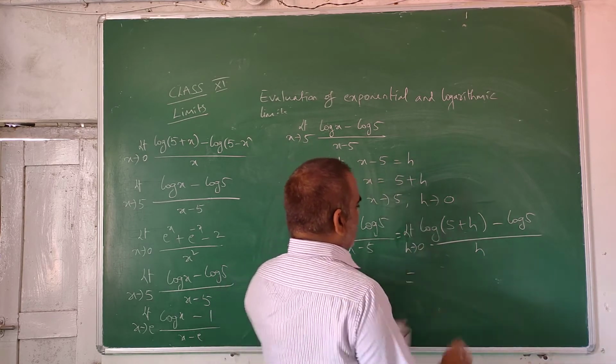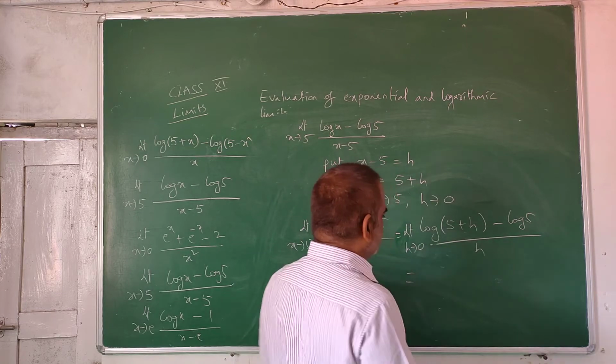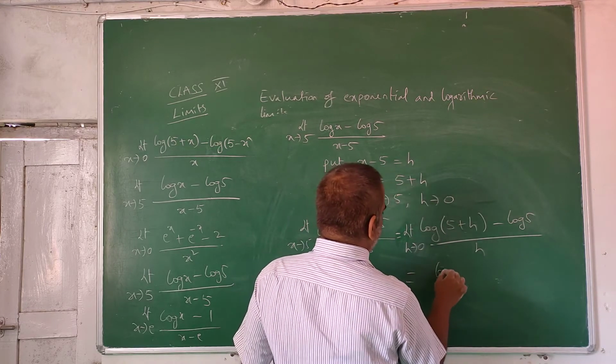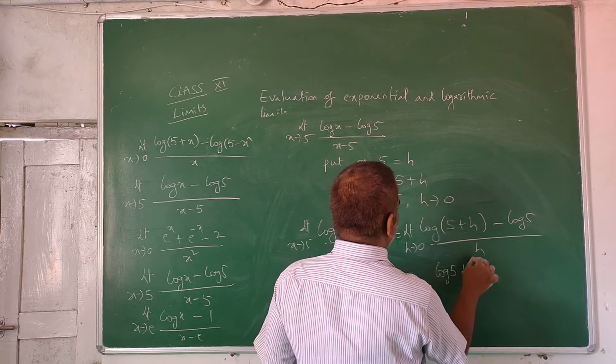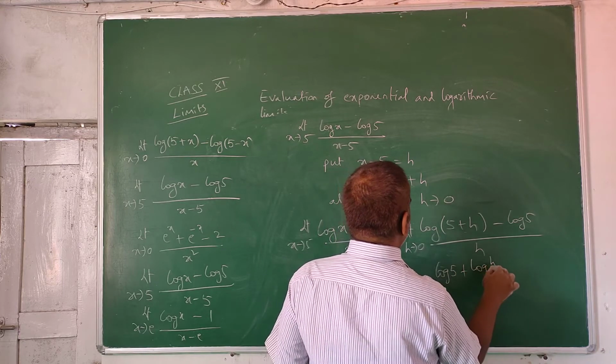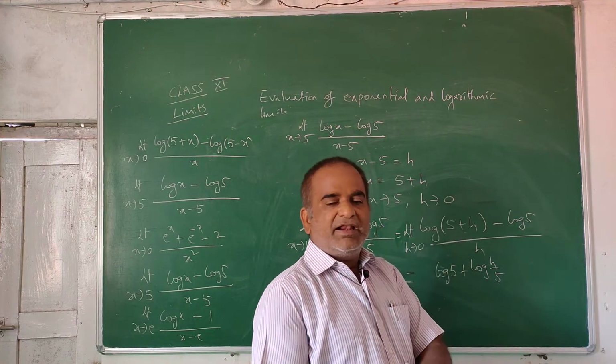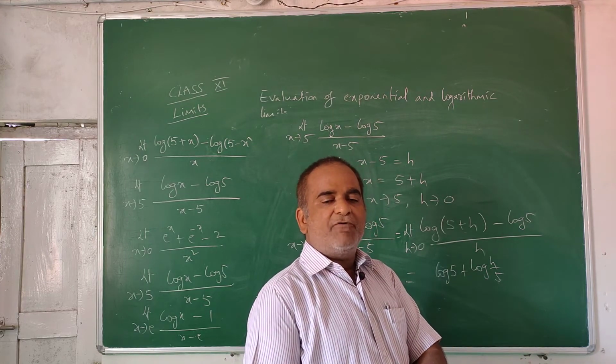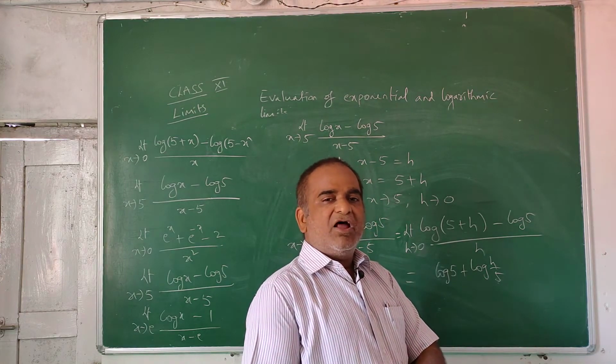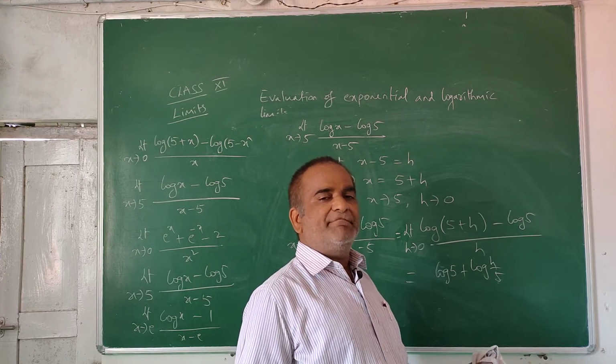Now here take 5 common inside the bracket, then it becomes log 5 plus log 1 plus h by 5. Are you following? Directly I wrote, after taking 5 common it will be in the form of log of m into n. Log of m into n is log m plus log n.